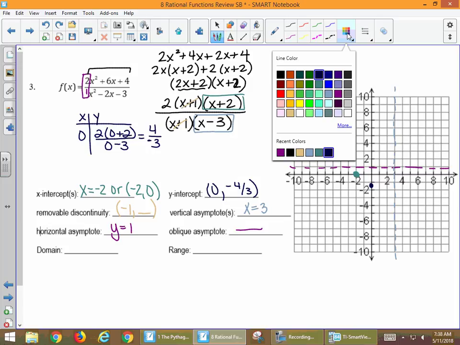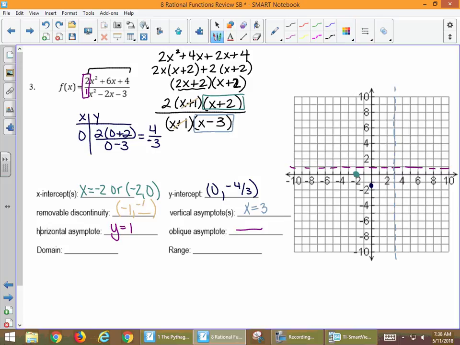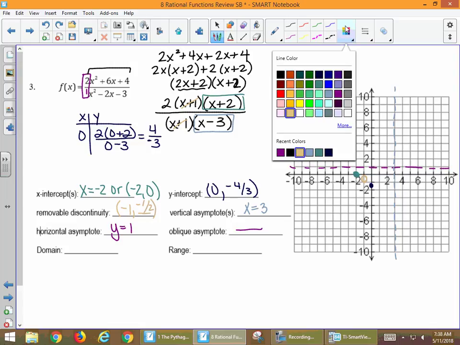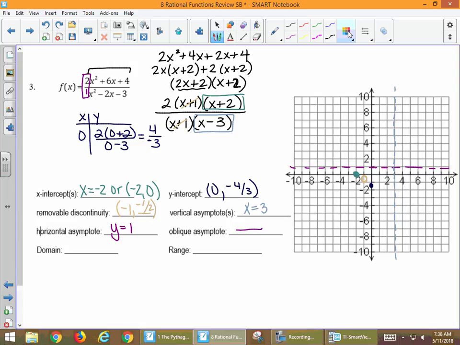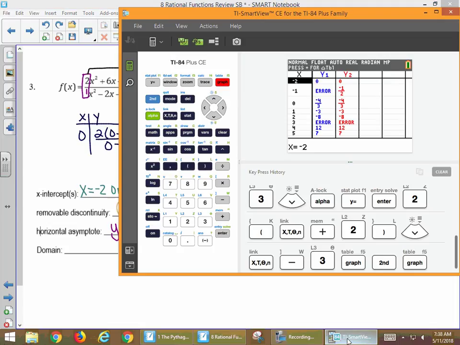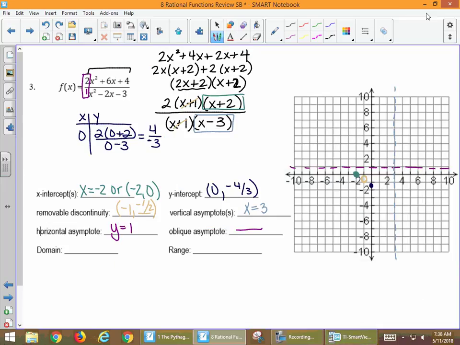So we can plot that now. And I'm just going to see if I have any other nice points I can graph between my y-intercept and that vertical asymptote. So between -1 and 3, I have 1, -3 and 2, -8. Those are nice points. 1, -3, 2, -8.